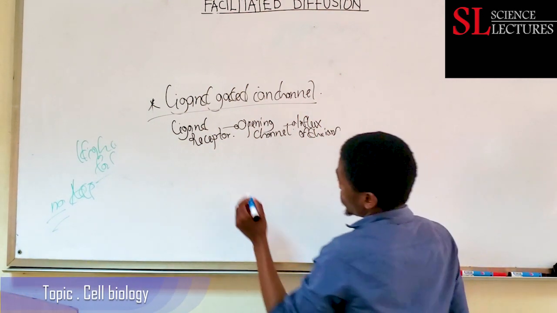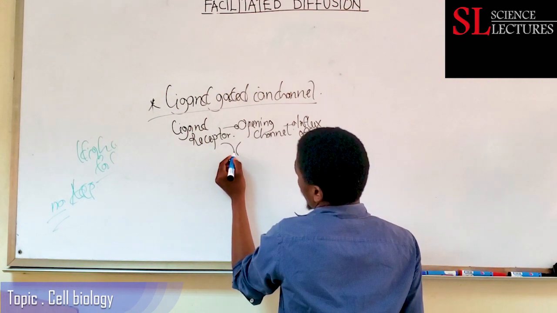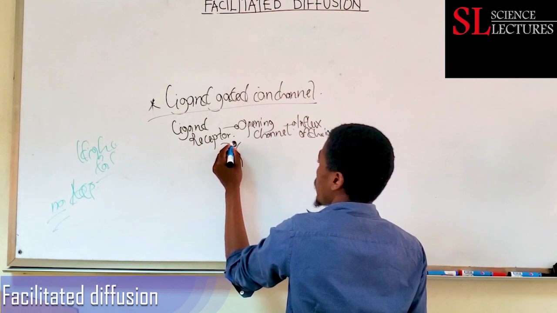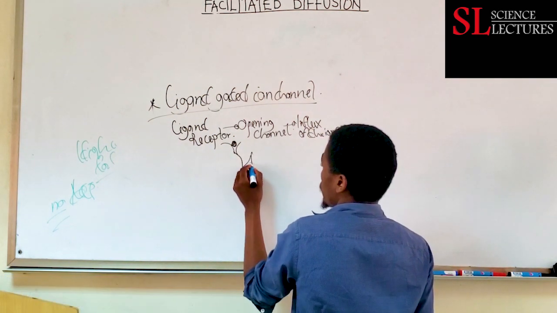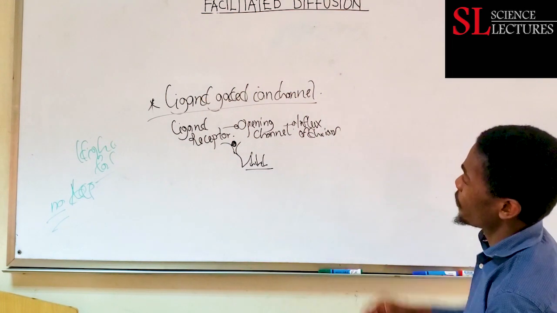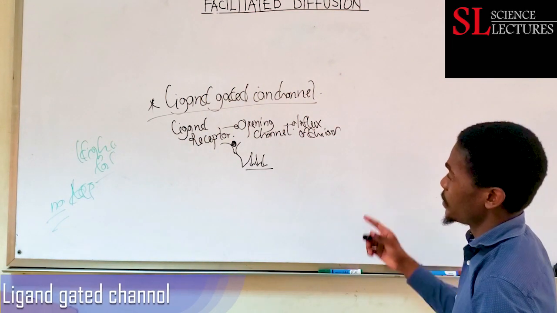Let's say we have a receptor having a ligand. Then when the ligand attaches to the receptor, there is opening and influx of ions. So that is what we refer to as a ligand-gated ion channel.